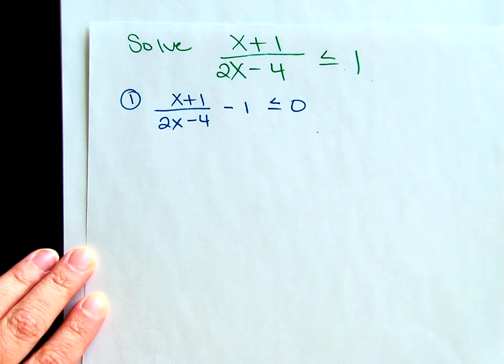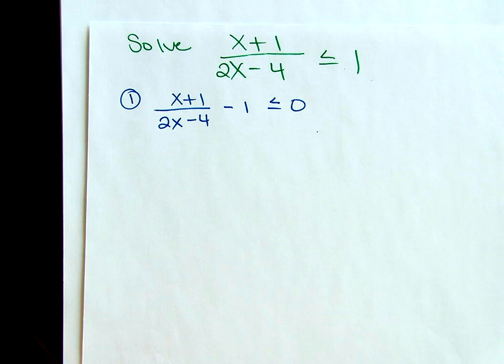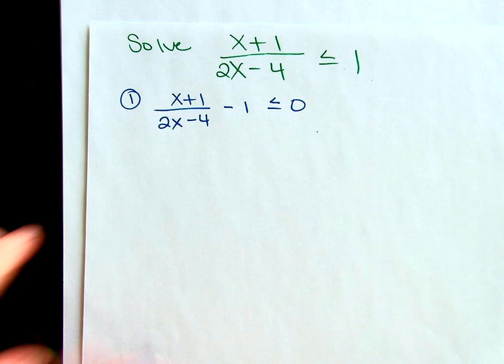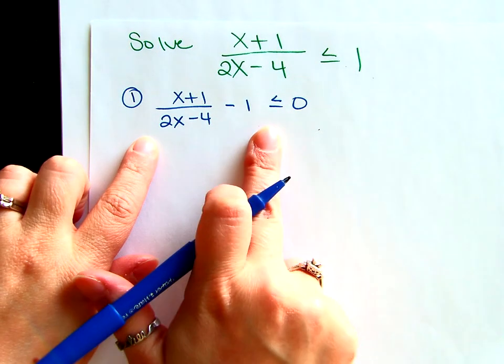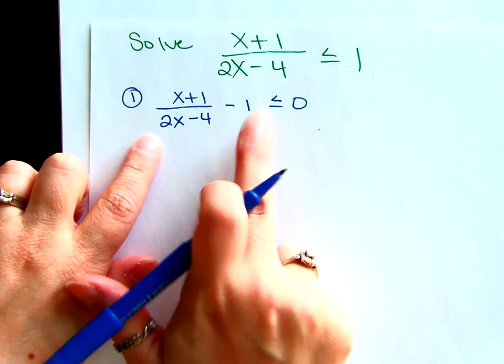Now I got everything on the left. And if this was a polynomial function or inequality, we'd be done and we could move on. But for our rational inequalities, we want one rational expression on the left. So we need to combine these. We need to get a common denominator.